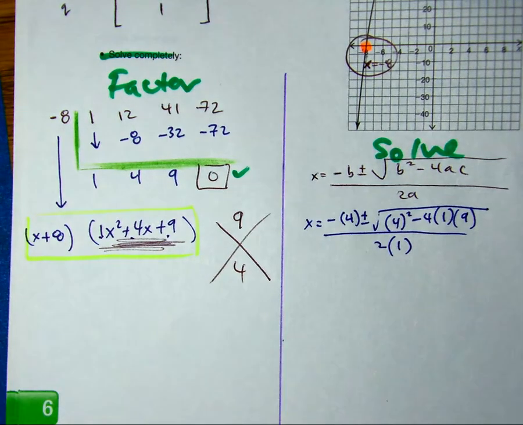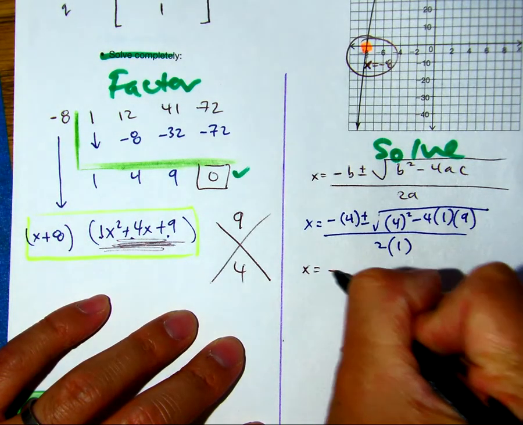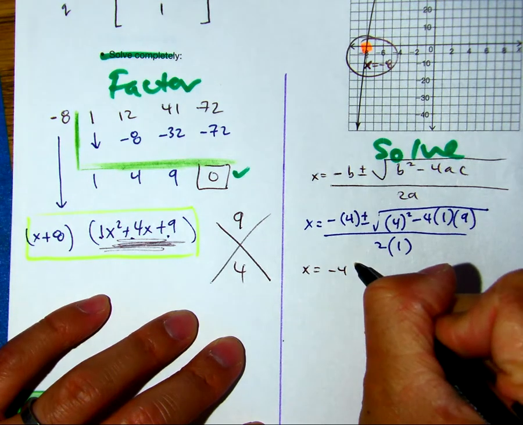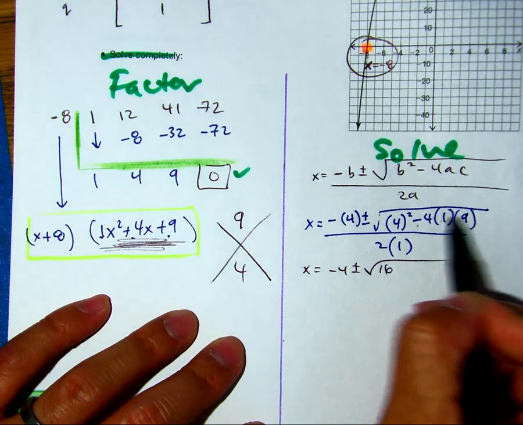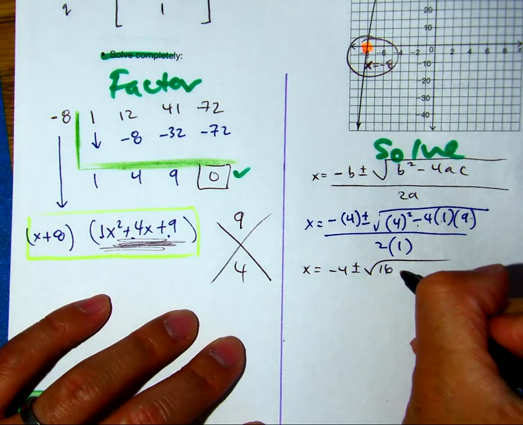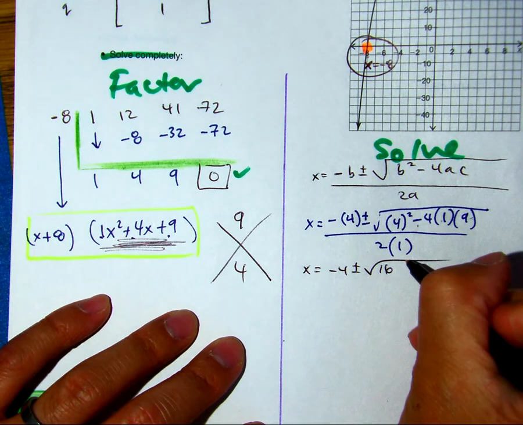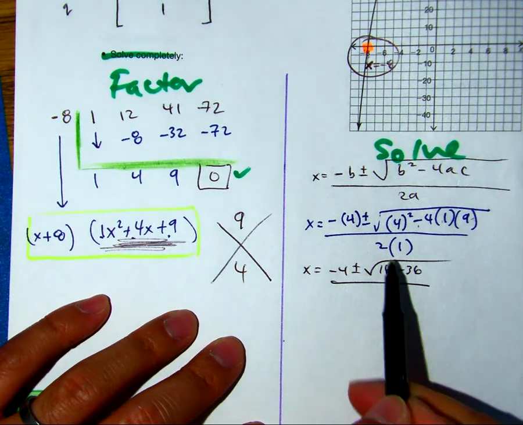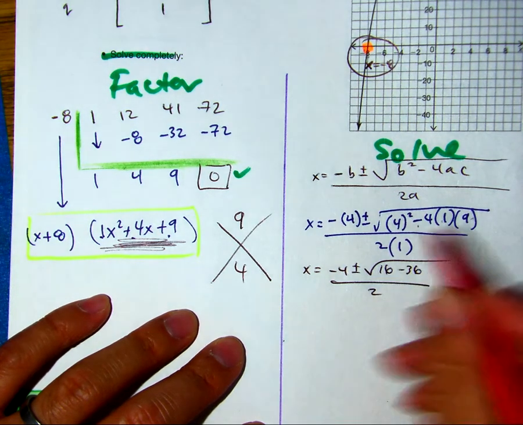Thank you, Josh. Alberto, simplify. 4 turns into -4. And then you get 16. What's -4 times 1 times 9? 36. Positive or negative? Negative. All over 2. And then 16 minus 36.